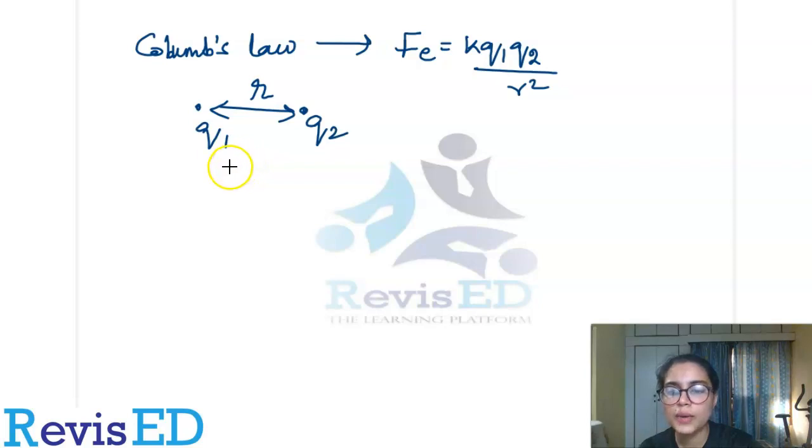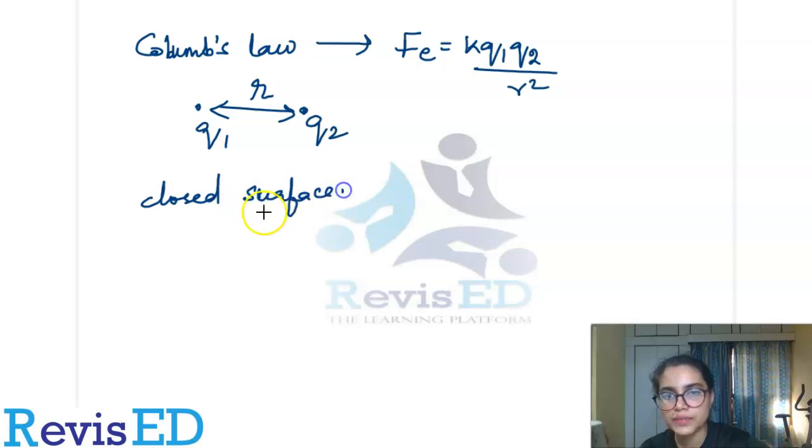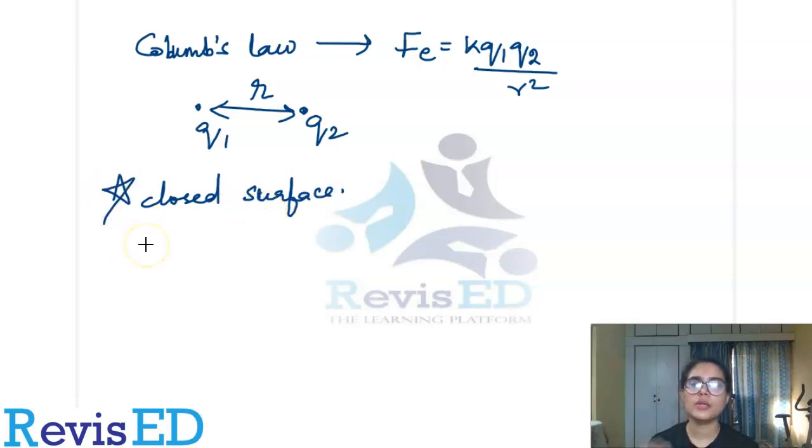Now we are talking about closed surfaces. When the electric field is distributed on such closed surfaces, we need to understand the concept of Gauss law.